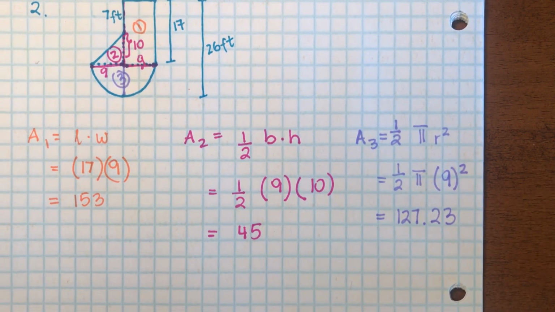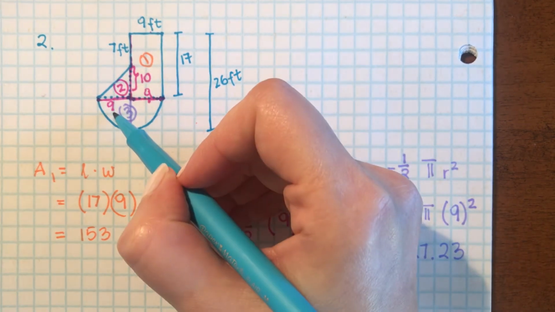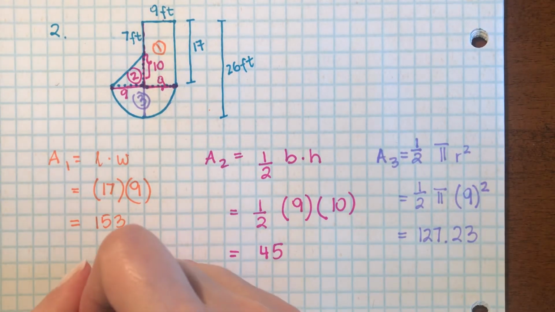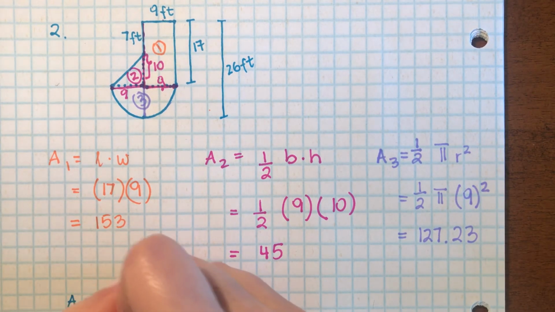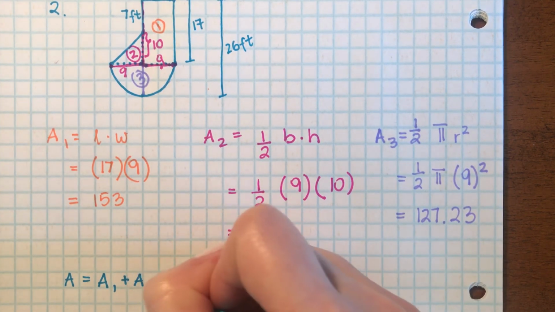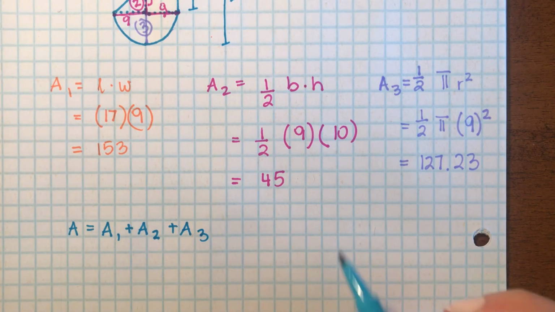And then to find the area of this whole composite figure, we need to add all 3 areas together. The area of the rectangle, triangle, and then semicircle. So area equals area 1 plus area 2 plus area 3. Let's substitute.